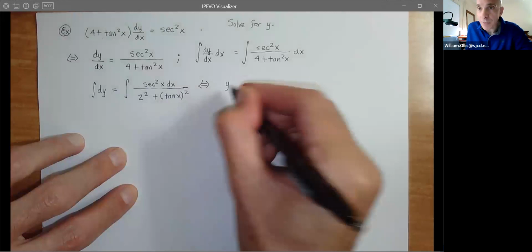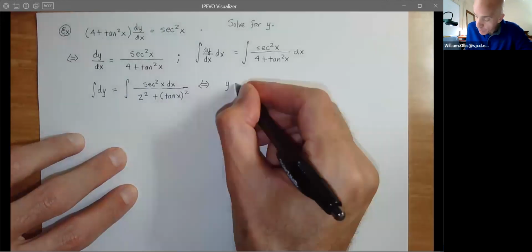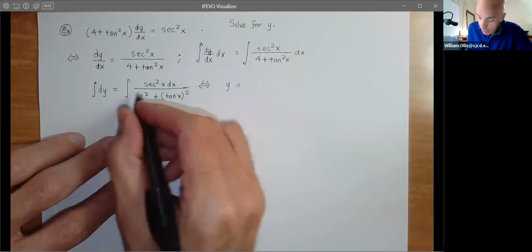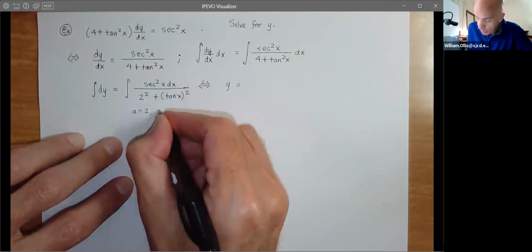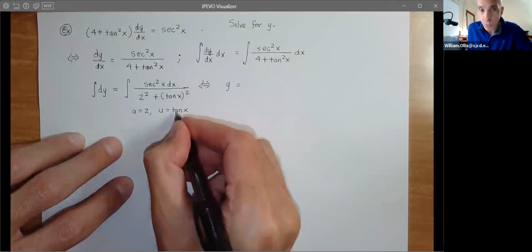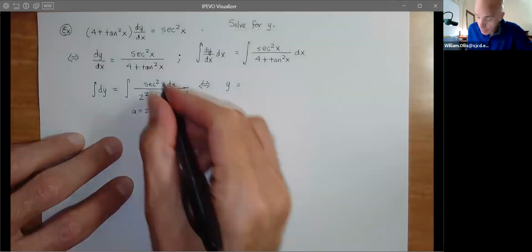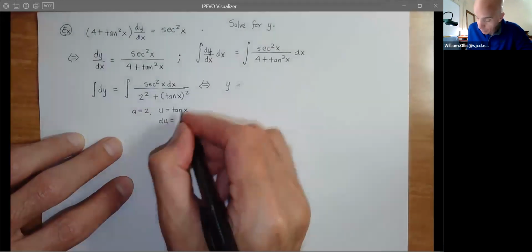And then we'll tack on the arbitrary constant on one side. Now notice here, this is table ready. We have the a is 2. The u is tangent x. And of course, as we reviewed before, the derivative of tangent is the secant squared. So the differential is tailor-made there.